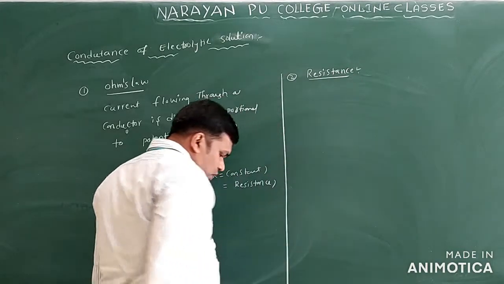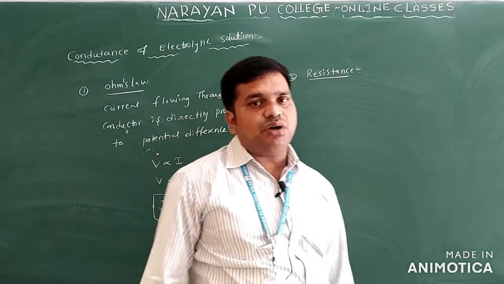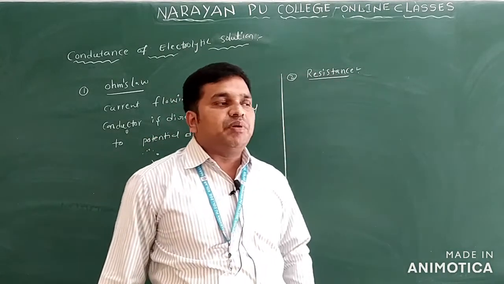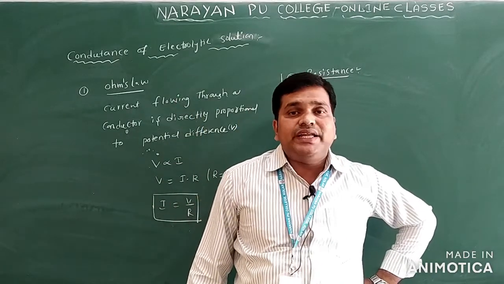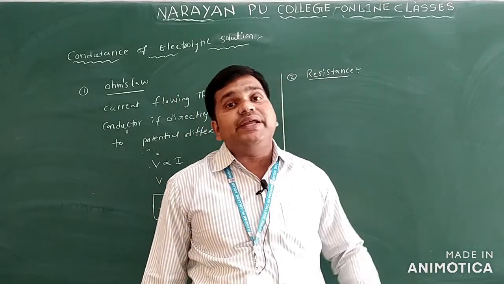So what does resistance mean? Generally the resistance of any object is directly proportional to its length and inversely proportional to the area of the cross section.